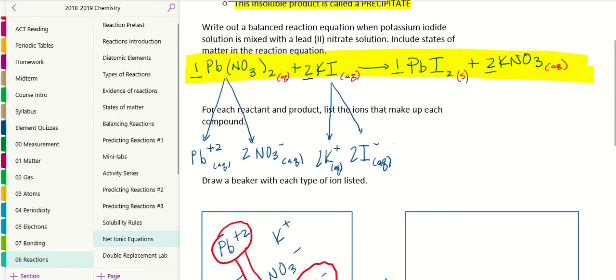And we know from our demos and our lab that when Pb plus 2 reacts with 2 I minuses, what results? Lead 2 iodide, but what do you remember about lead 2 iodide?